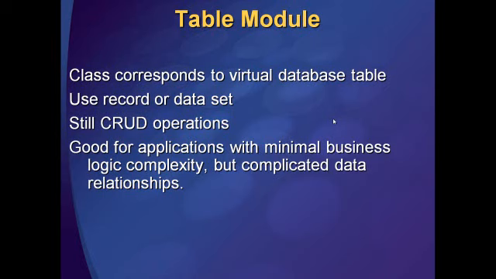It might be created by a join that corresponds to some conceptual unit that the user views as a table. And you can use a record or a data set to interact with the database. You're still basically dealing with CRUD applications, and it's good for applications with a minimal business logic complexity, but perhaps having complicated data relationships.